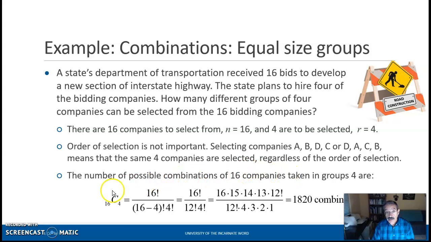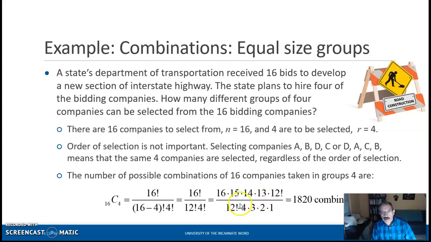So what we need to calculate is the number of possible combinations. In this case, we have in the numerator 16 factorial and the denominator 16 minus 4 factorial divided by 4 factorial. So that simplifies to this. Then you can simplify the numbers by expanding the 16 factorial all the way to the 12 factorial, then the 12 factorial, and expanding the 4 factorial here.